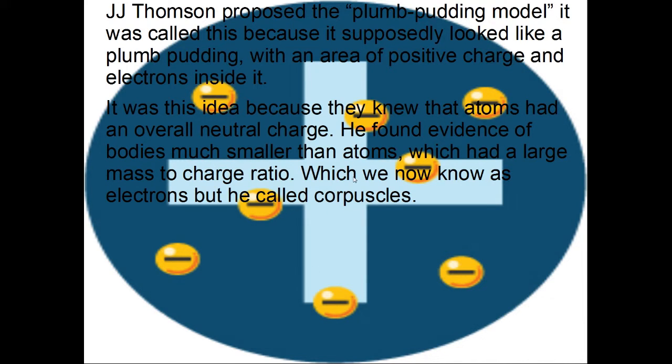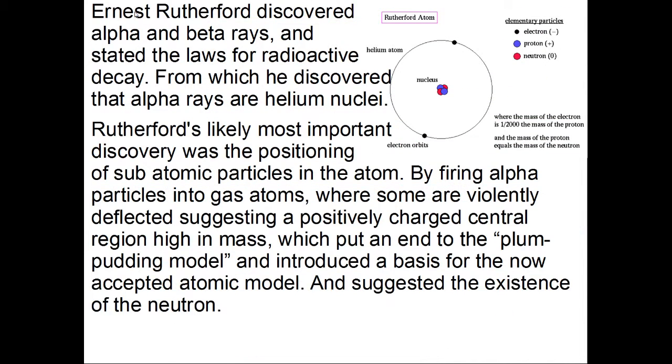Don't quote me. Ernest Rutherford discovered the alpha and beta rays, and stated the original laws for radioactive decay. I suppose random and spontaneous, and probably a few others that I don't know about, from which he discovered that alpha particles are helium nuclei, as we should know from GCSE. Maybe his most important discovery was the position of subatomic particles.